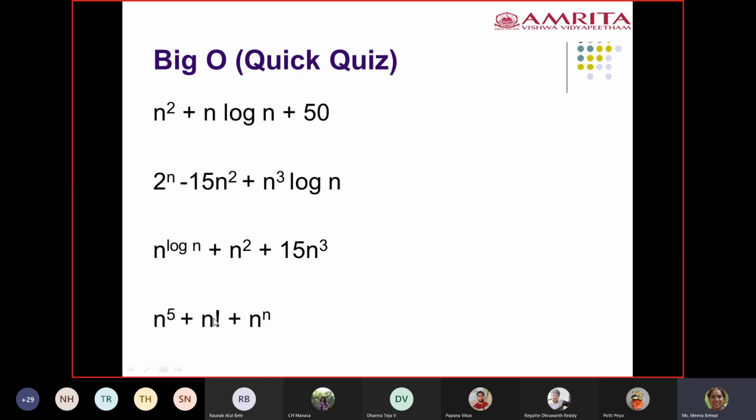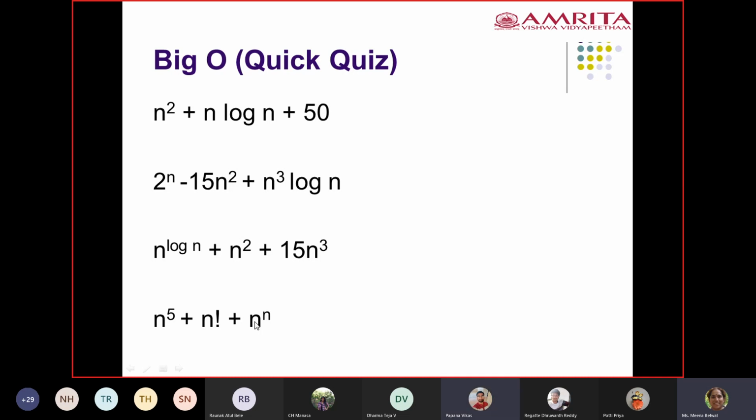The other term is n factorial, which is n into n minus 1 into n minus 2, and so on. Again you are going to get n into n square, like that. N to the power n you are going to get, right? So the next question is, is factorial of n and n to the power n the same? Are they same?